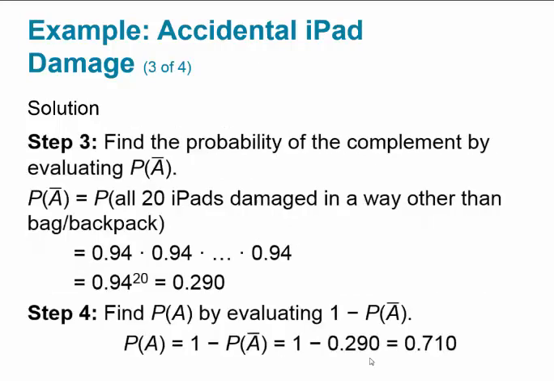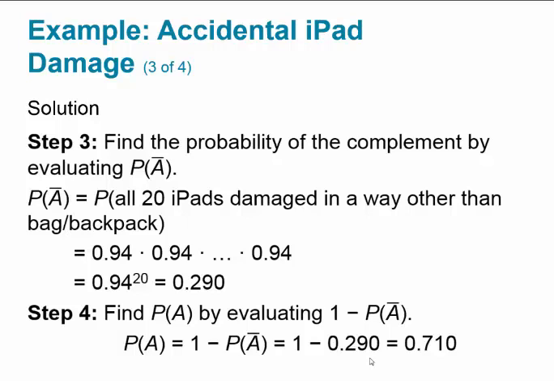Step 3, we're going to find the probability of the complement by evaluating the probability of the complement of A. So the probability of the complement of A is equal to the probability of all 20 iPads damaged in a way other than in a bag or backpack. And so that's going to be 0.94 times 0.94, and so on for 20 iPads, because the probability that it is damaged in a bag or backpack is 0.06, so the complement of that will be 0.94.